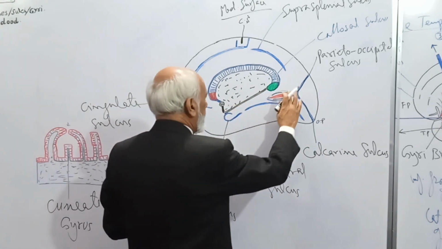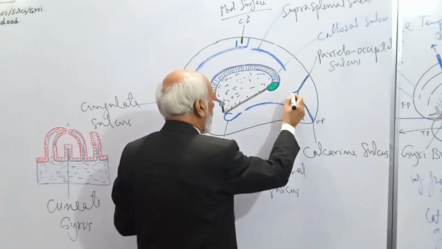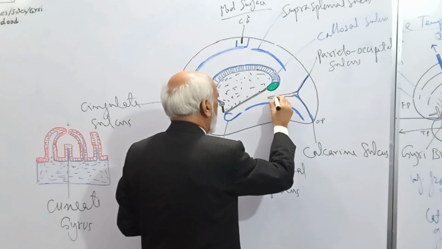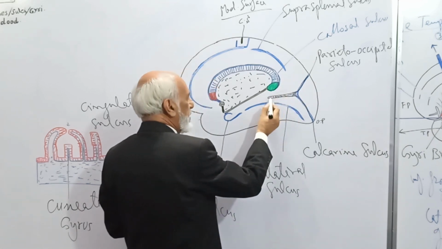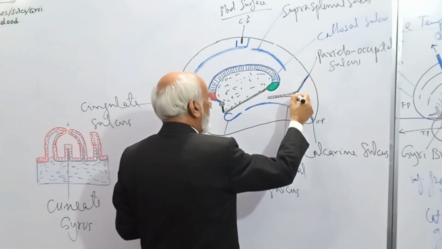But on the surface, when the lips of these sulci are closer, like this, it appears that there is a common sulcus which bifurcates into parieto-occipital and calcarine.